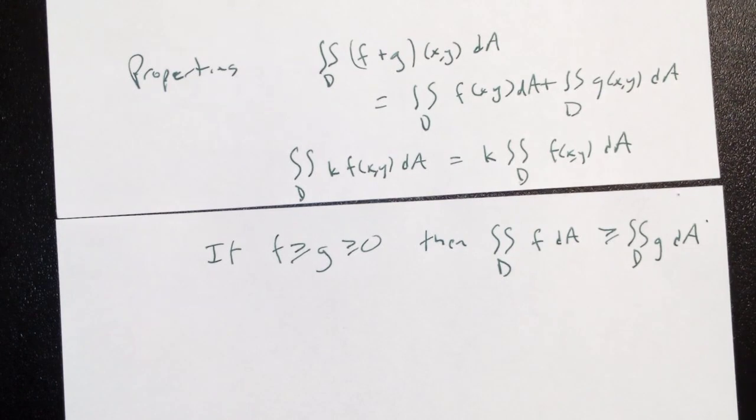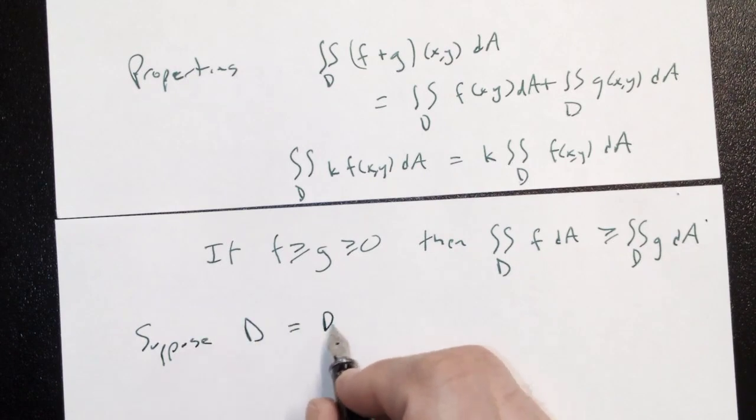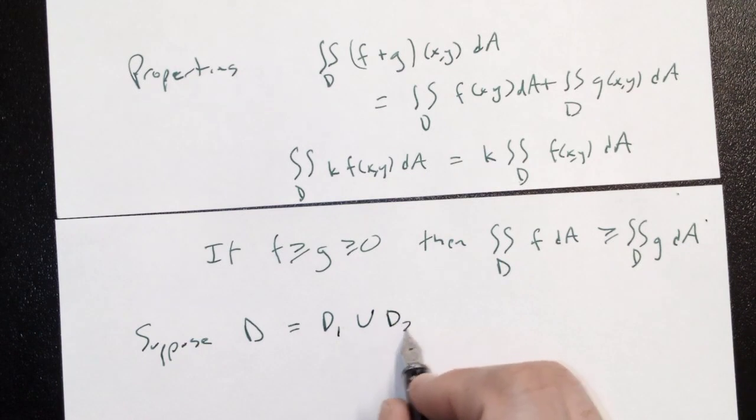My overlap idea. Suppose D can be rewritten as D1 union D2, where D1 and D2 have no overlap other than the boundary.